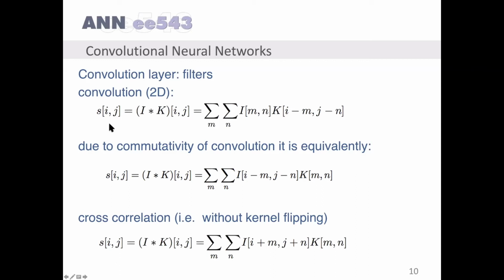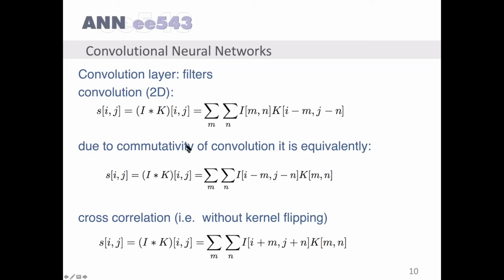The convolution of the functions I and K in discrete space is defined as the summation, where m goes from minus infinity to infinity over integers, and n also goes from minus infinity to infinity. We are considering the value of the function I at point (m, n), and also the value of K at point (i minus m, j minus n). They are multiplied and summed up.